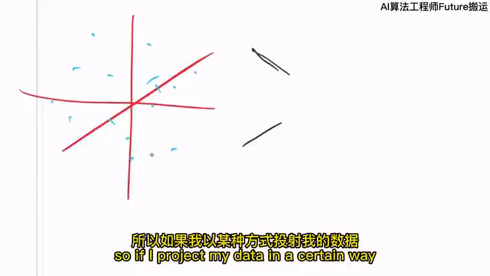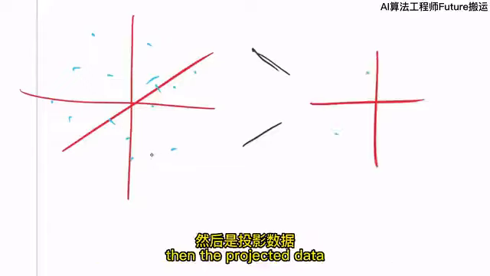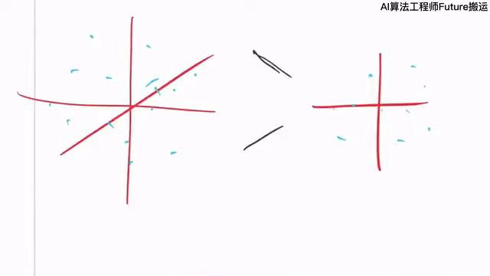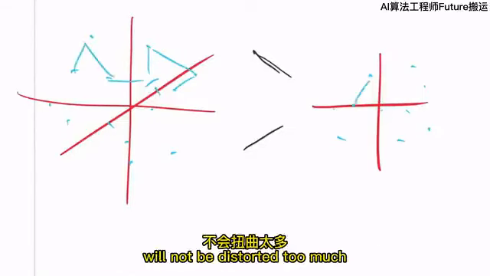So if I project my data in a certain way into a lower dimension, here dimension 2, then the projected data is related to the original data by the fact that the distances between the points in the original space will not be distorted too much.